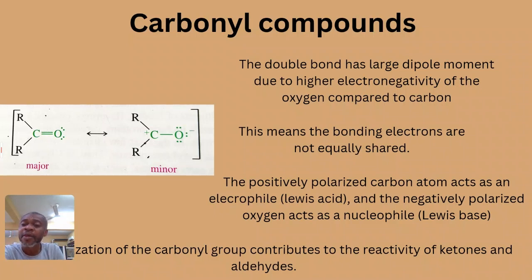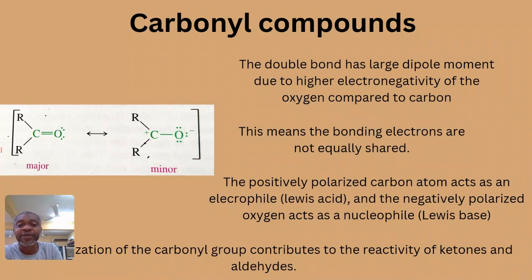Of course, oxygen has higher electronegativity compared to carbon, so definitely oxygen is going to pull the electrons towards itself more than carbon. And what does that result in? It means that carbon now becomes slightly positive, whereas oxygen becomes slightly negative.